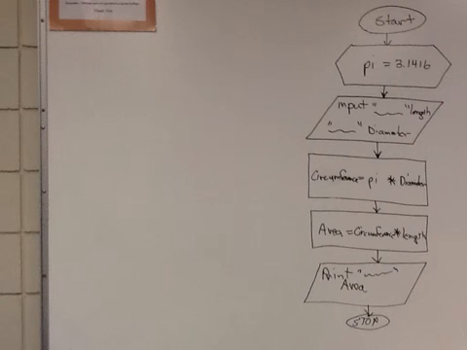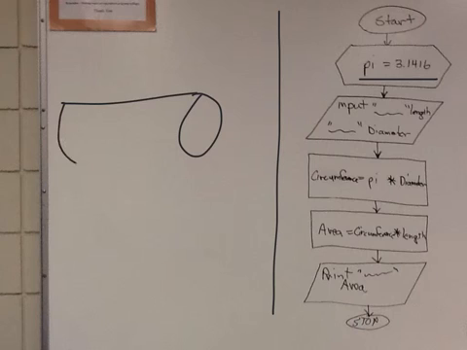Alright, this is just a repeat of the problem they had. We initialized pi. This was to find the diagram, which looks like this, I believe. And then in here we had the diameter and the length, and we were able to calculate how much material it would take to cover the dowel rod based on finding the circumference.